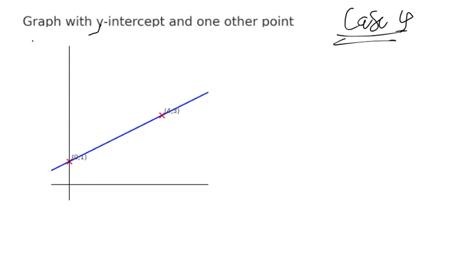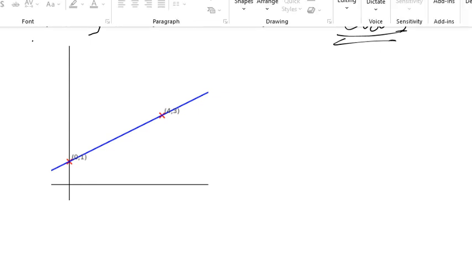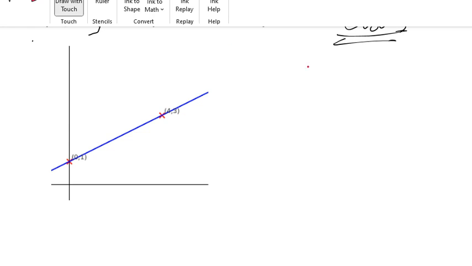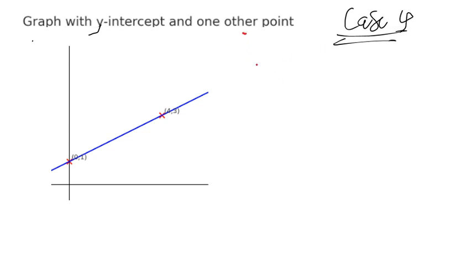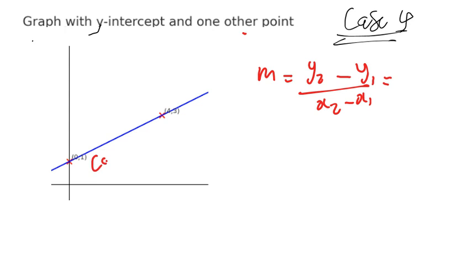So let's do that. Let's find, Natasha, now our gradient. I think we are much more familiar with this now. Gradient is y2 minus y1 over x2 minus x1. Label your points. We have 0, 1 here as our point. We have 4, 3, just in case you can't see it. Then Mr. Thwala is just going to label them.